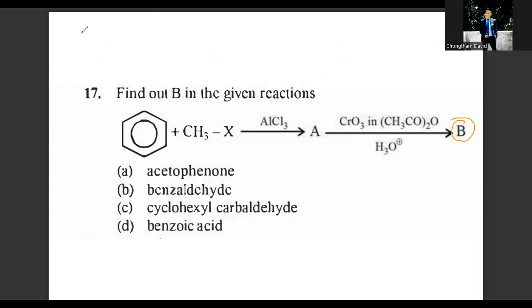So what must be the final product B? Is this the preparation method of acetophenone, or is it the preparation method of benzaldehyde? One of these will be the correct answer. Yes, you can answer this. It will be benzaldehyde.